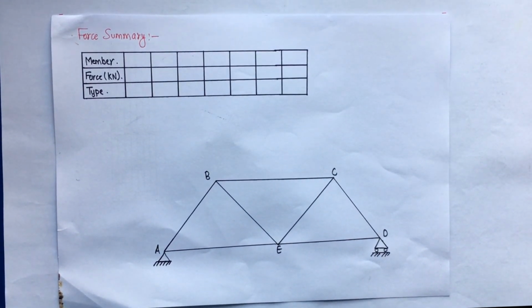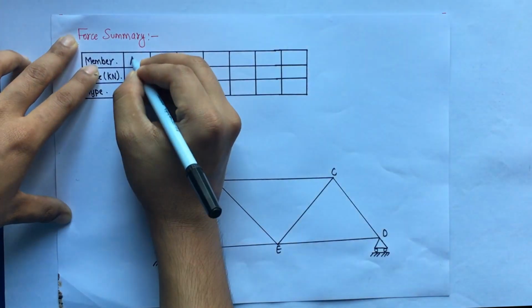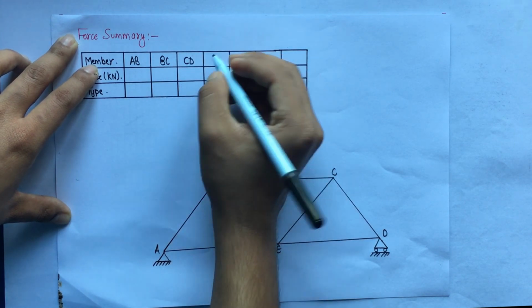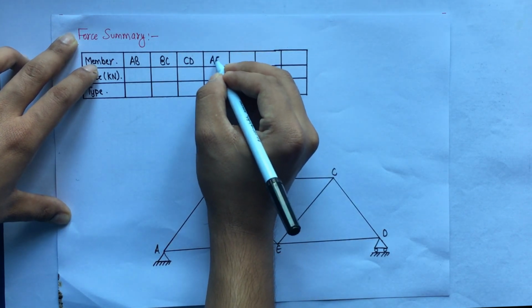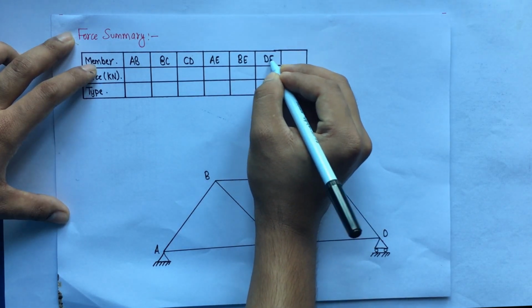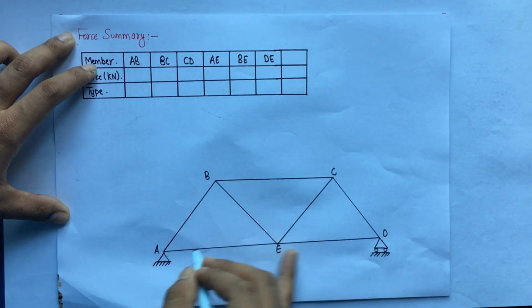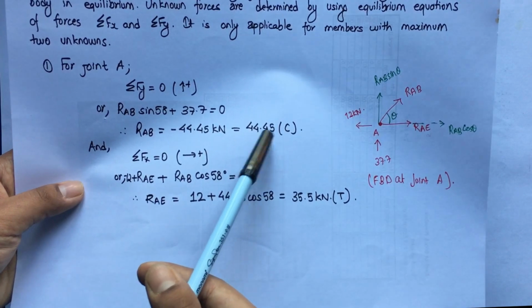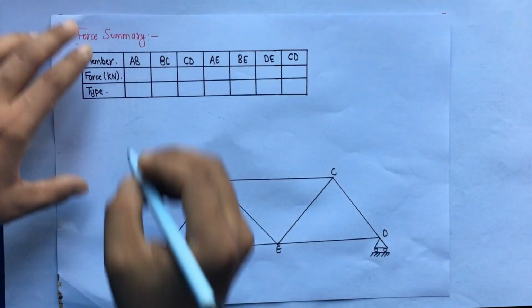So we will show the member forces in tabulated form as well as in the figure. Starting with the members AB, BC, CD, and then we had AE, BE, DE, and finally we have CE. For member AB, we computed the value as 44.45, that is compressive type.